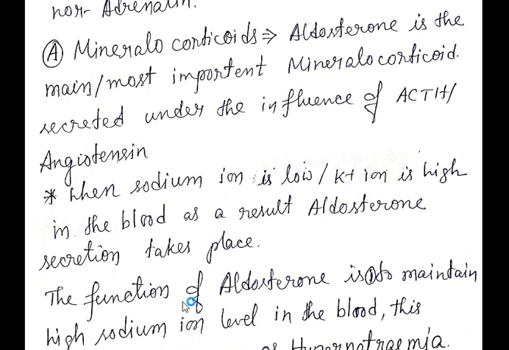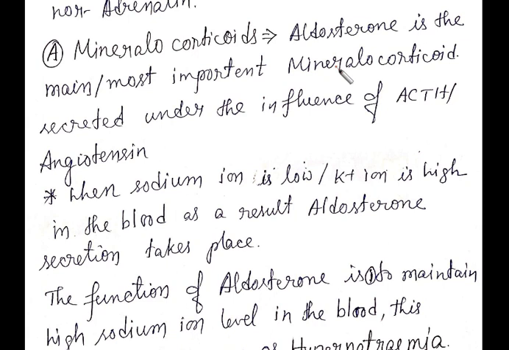First is mineralocorticoids. The most important mineralocorticoid is aldosterone, which is secreted under the influence of ACTH or angiotensin, right? The mineralocorticoids are secreted by the zona glomerulosa, as we know.